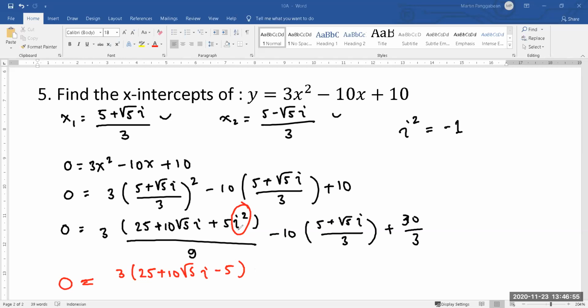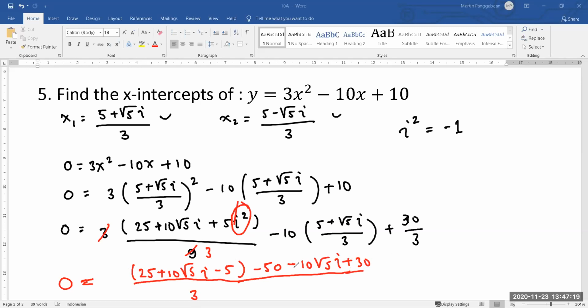Sorry, let's cancel this one to make it simpler, right? So let's cancel the 3 there. So there is no coefficient over 3, sorry, let me just go directly. I hope that you understand this one. Minus 10 square root of 5i plus 30, because I want to do it quickly, okay?